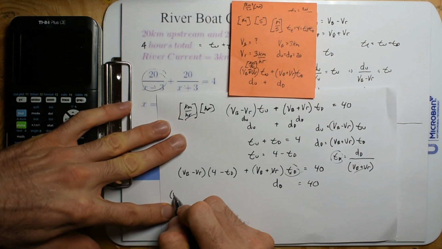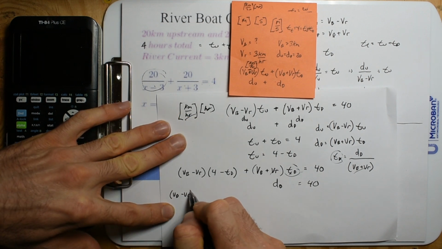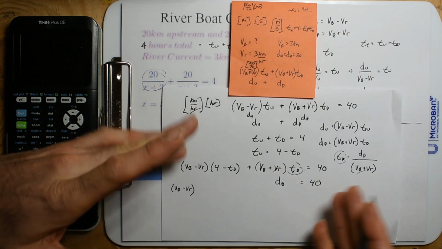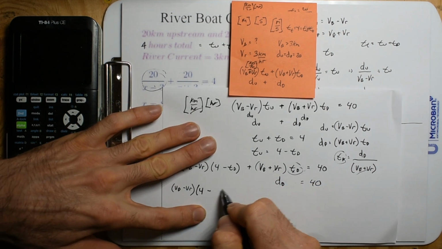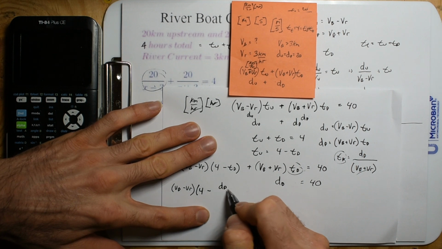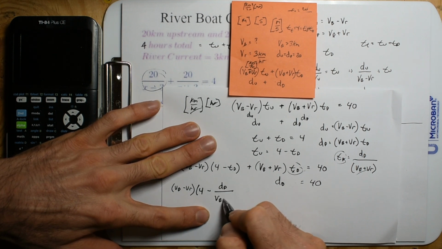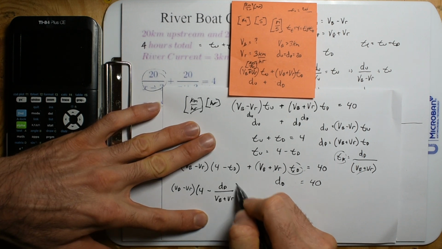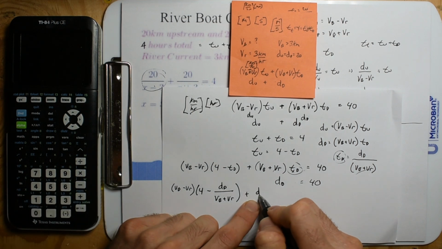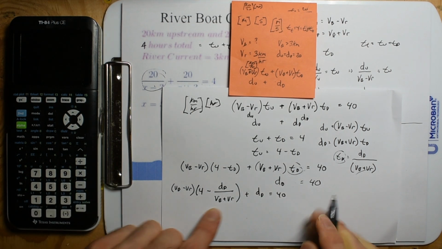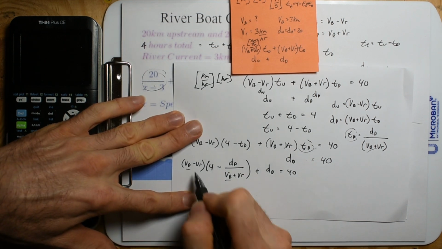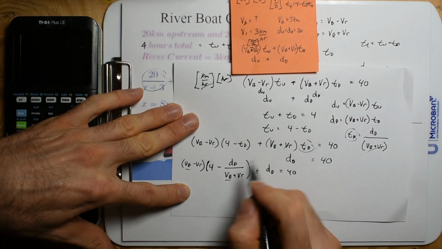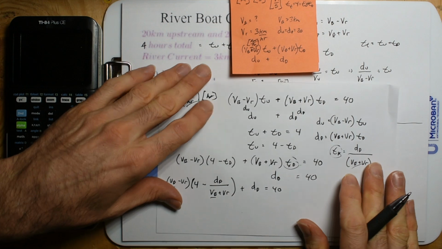So we would get VB minus VR, and this is just to show you that it gets a little bit, maybe not nice, but we have the distance downstream divided by VB plus VR, plus distance downstream is equal to 40. So here we go, and we just don't know the velocity of the boat. But these can get you to the same place.